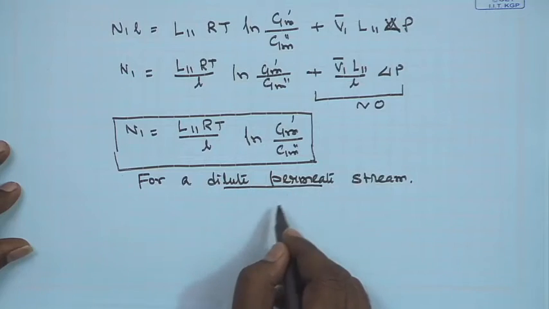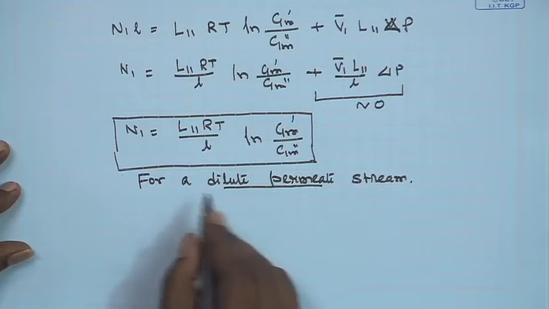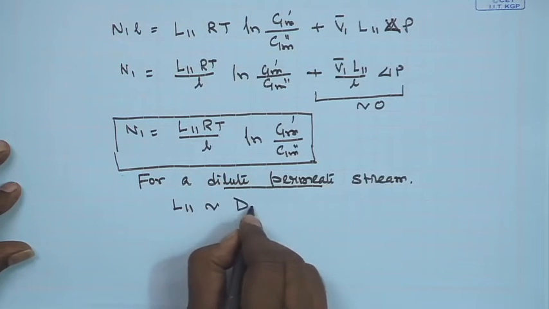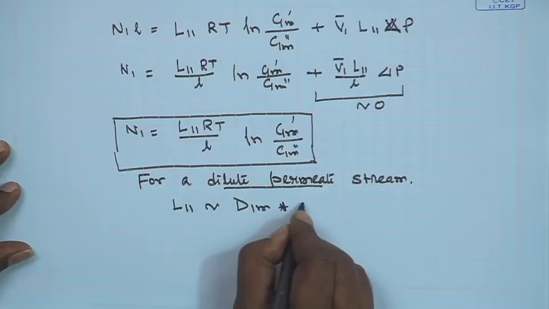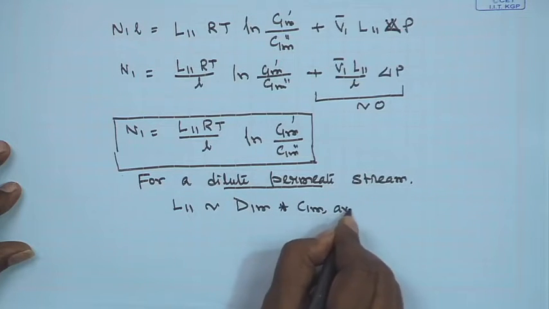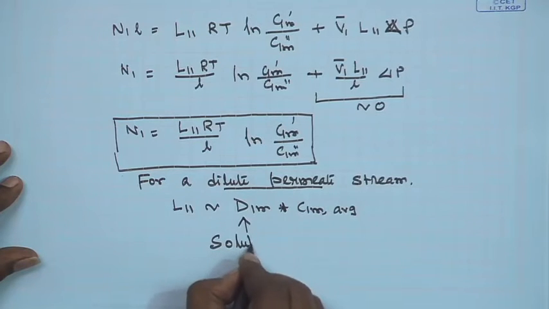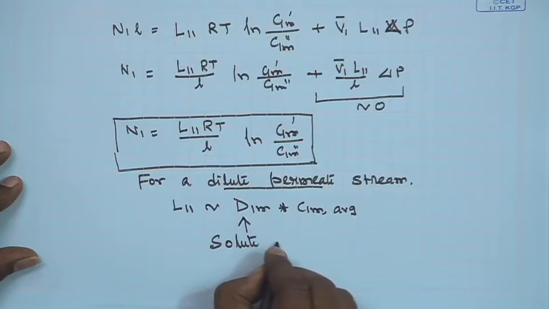So, we can always take the assumption of a very dilute permeate stream. Under this condition, L11 can be replaced as D1m multiplied by C1m average. What is D1m? D1m is nothing but the solute diffusivity in the membrane phase or the solid phase.